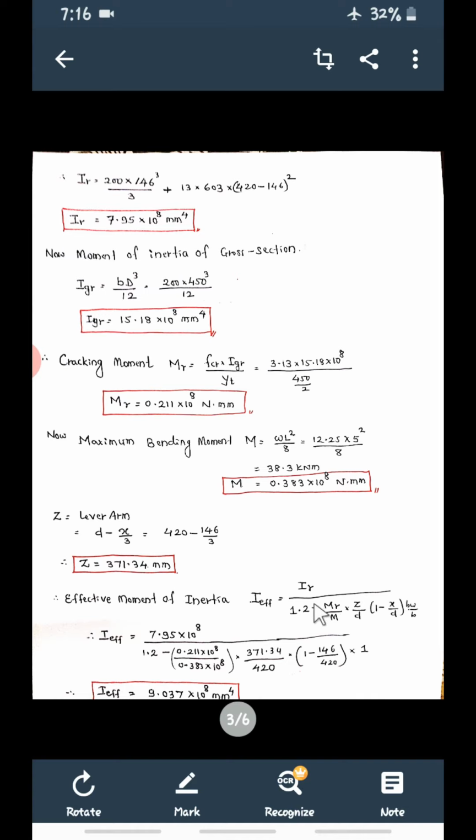We have calculated IR, MR, M, Z and X, and this term BW by B will be 1. So we get I effective as 9.037 into 10 raised to 8 mm raised to 4. That is the effective moment of inertia.